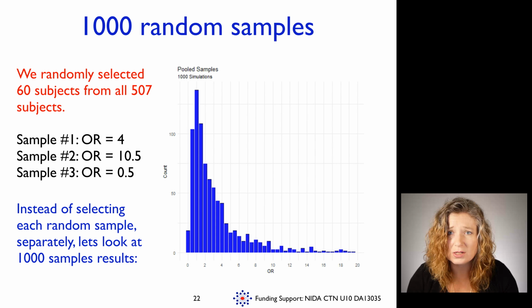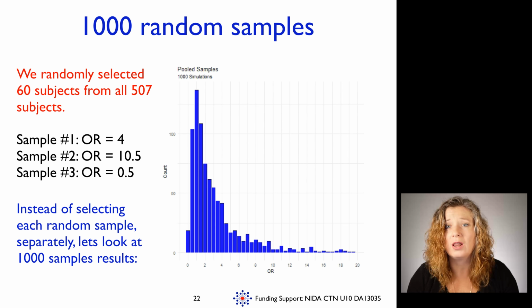So these are the results of 1,000 simulations. These are 1,000 little pilot studies, and the results can be drastically different. 60 subjects in a pilot study will not produce a stable odds ratio. These odds ratios have a very wide spread.